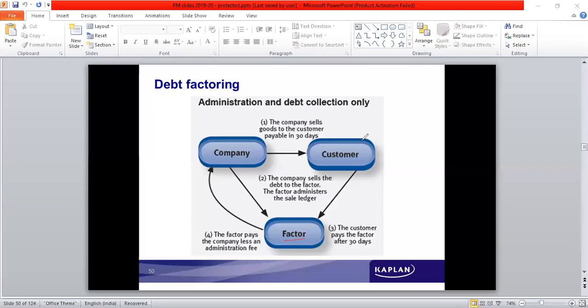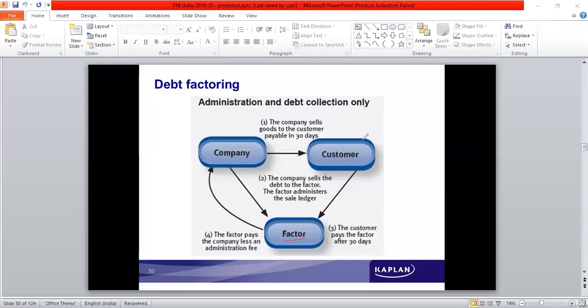By debt factoring, the company is benefited. The company is benefited because it has decided on taking up a credit policy, selling goods on credit to the customers. That's all fine. Then they would be able to increase their sales by selling on credit basis. That's the first advantage.